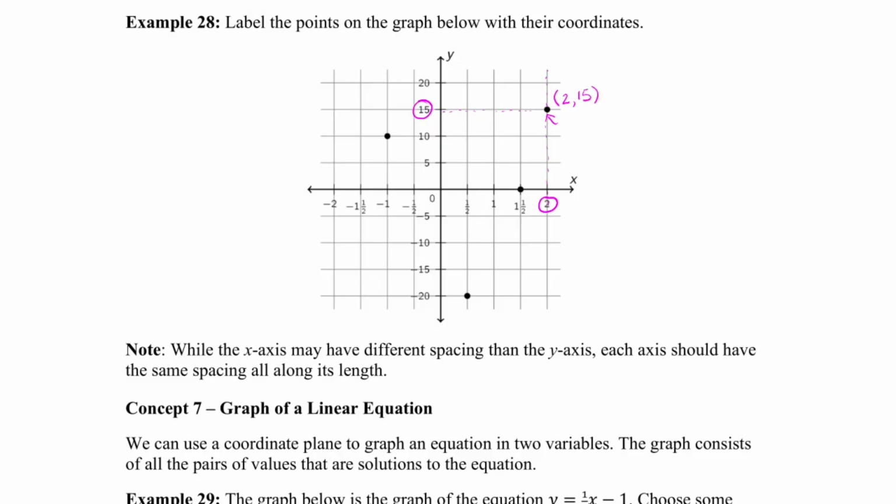So our vertical coordinate is 15. Looking at this point next, we see the vertical line goes through the -1 on the x-axis. So our x-coordinate is -1. The horizontal line goes through the 10 on the y-axis. So our y-coordinate is 10. That's the point -1, 10.